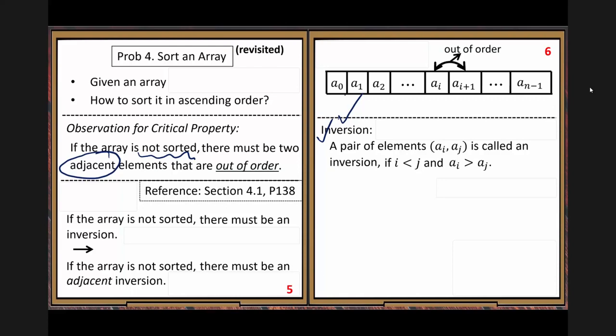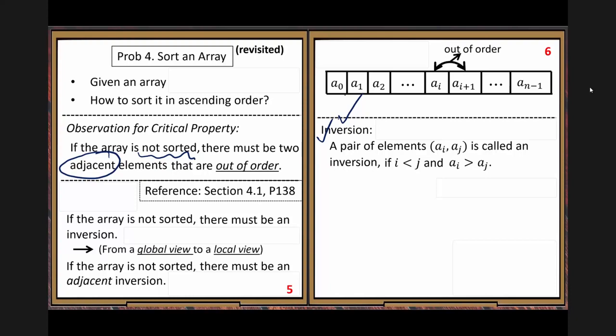After we discover this critical property, we're halfway there for the final solution. But how do we complete the remaining half? How do we apply this property to make the whole array sorted? Let's do it.